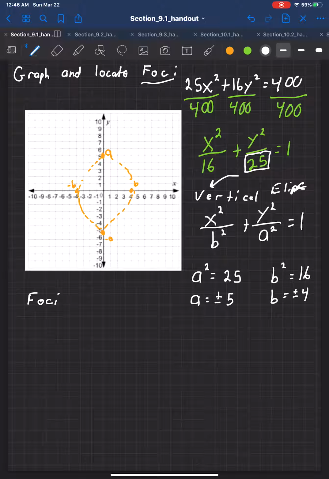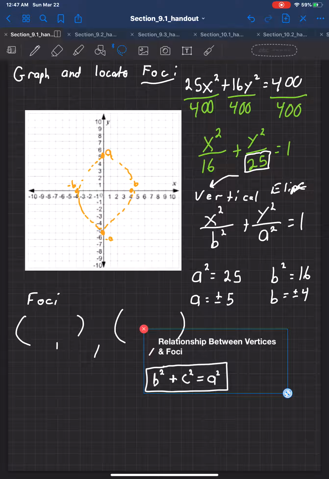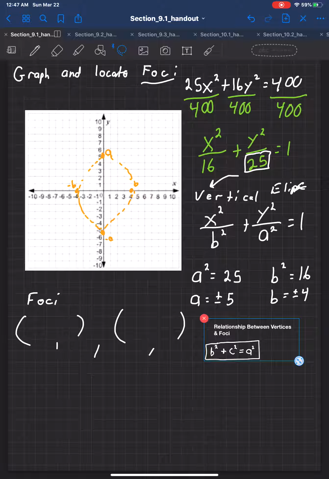I'm just trying to minimize mistakes. Focal points are points. You should be giving me a location, an x, a y. I'm going to use this little equation that relates the vertices and the focal points to help me out.